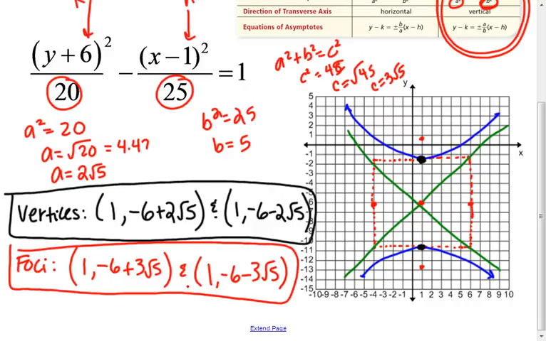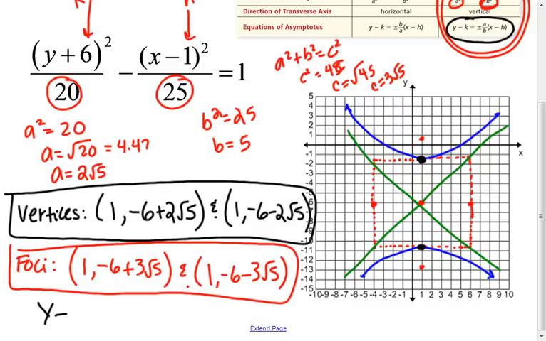All right, and then your asymptotes, which of course are the green lines, you're going to use this equation right here, and you'll just plug everything in. So you'll have y minus your k value, which we know is negative 6.